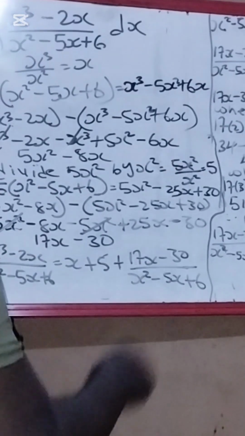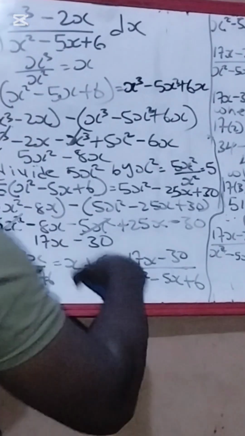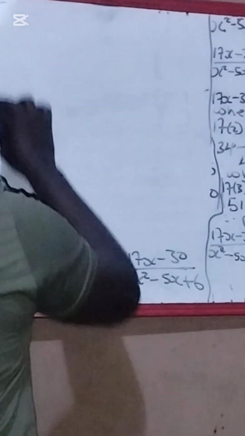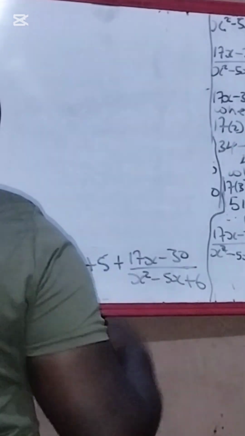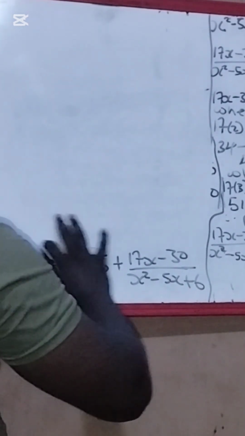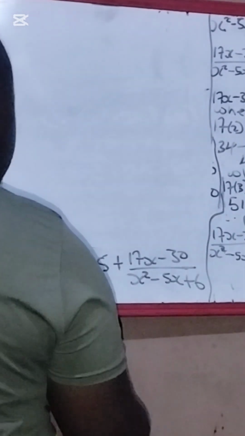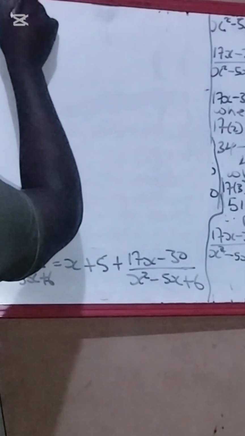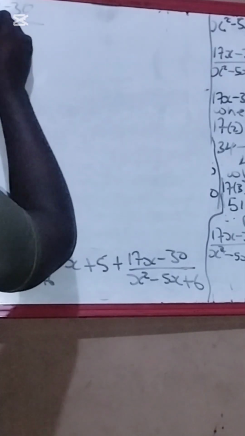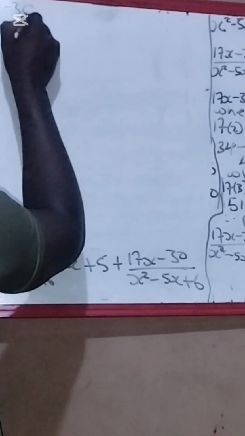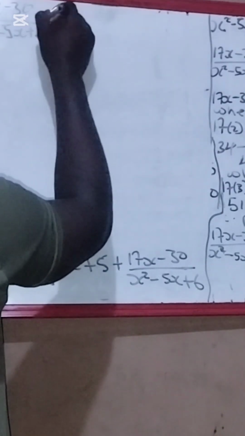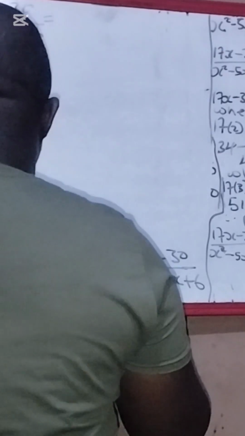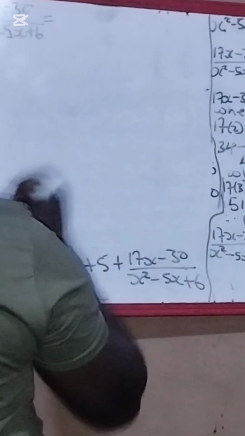So I will clean this. Let's take this back. Now substituting these values, we have 17x minus 30 all over x squared minus 5x plus 6 equals 5x here.